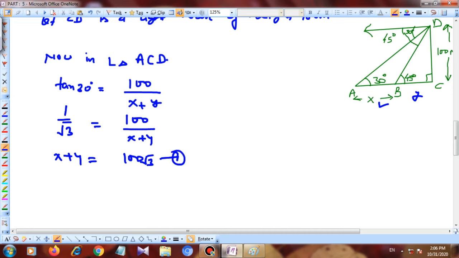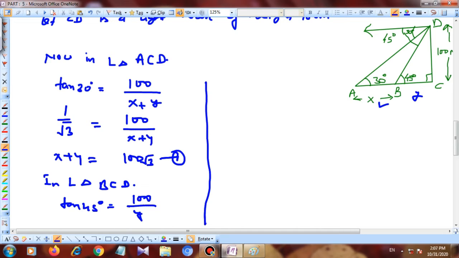This is equation first. Now in right angle triangle BCD, here tan 45 equals 100 upon y. Right? So the value of tan 45, you know very well, is 1. So this is 100 upon y. So y equals 100.